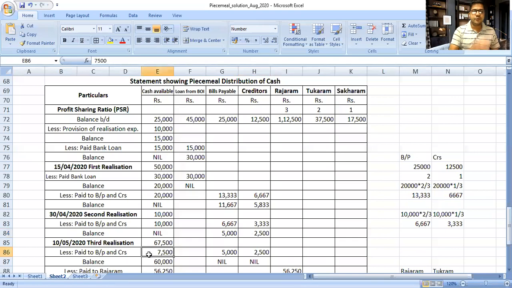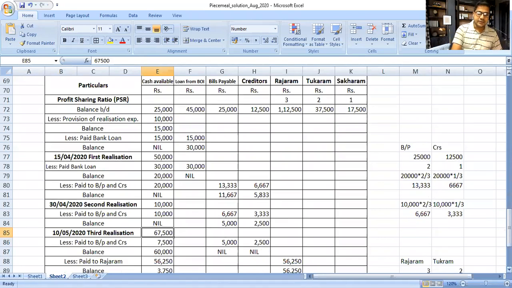It means we have to pay only 7,500 and we have a balance of 67,500. So we can easily pay bills payable and creditors. We paid these values because we have a sufficient balance of cash. So we paid and our liability is nil. So there is no liability for bills payable and creditors.